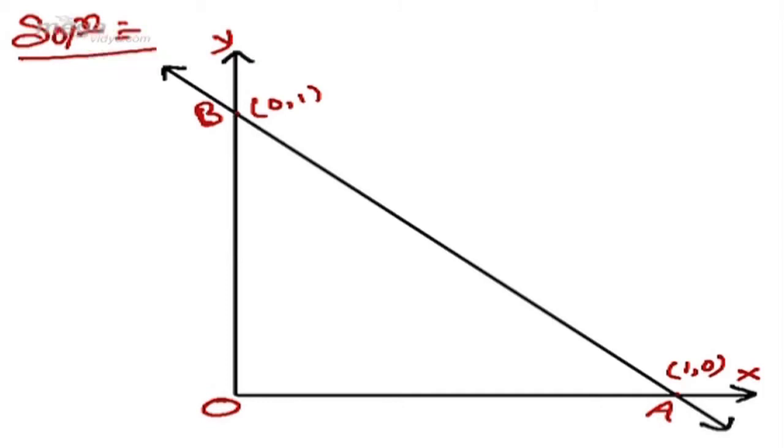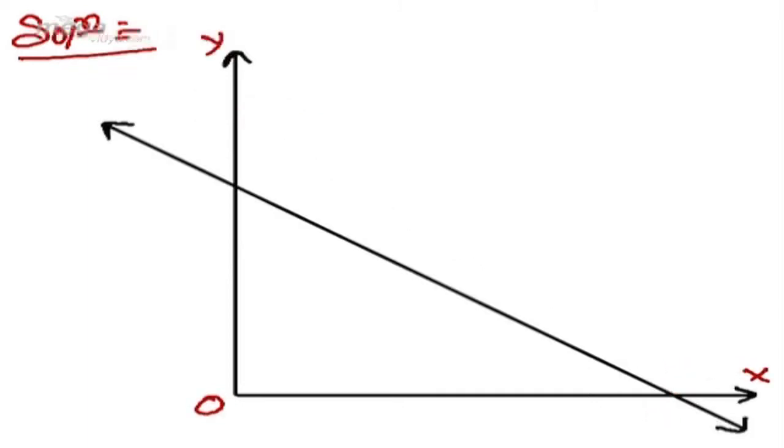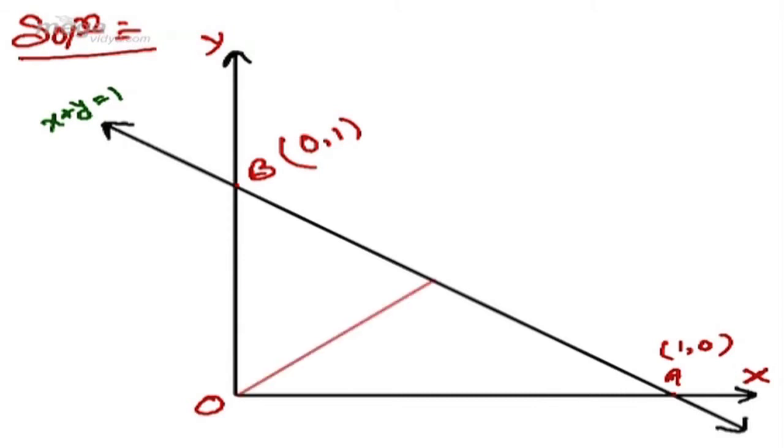Now according to the question, P is the midpoint of the line segment AB. So in this figure, with the x axis and y axis and the line x plus y equal to 1 intersecting the x axis at A and the y axis at B, approximately this point is the midpoint P. So this side and this side are equal.